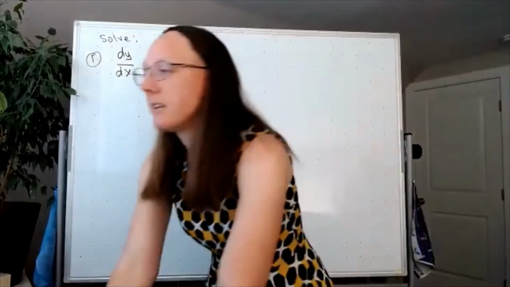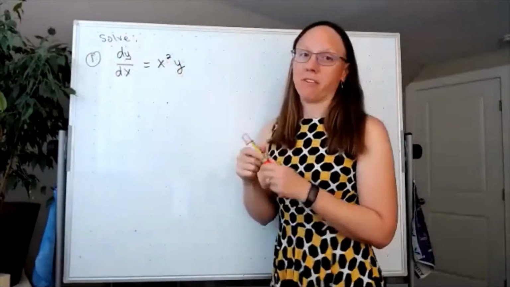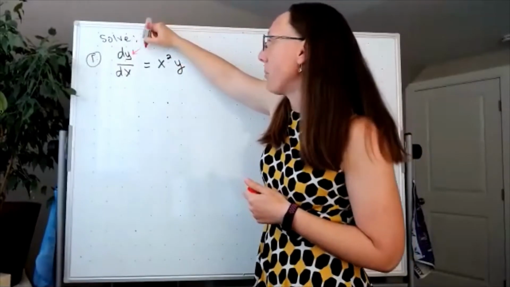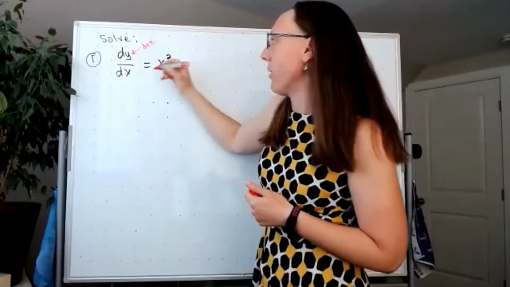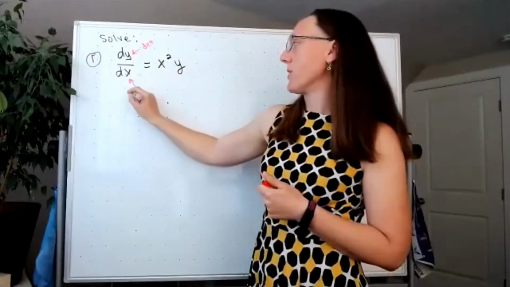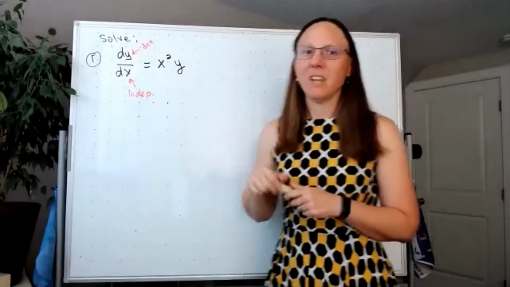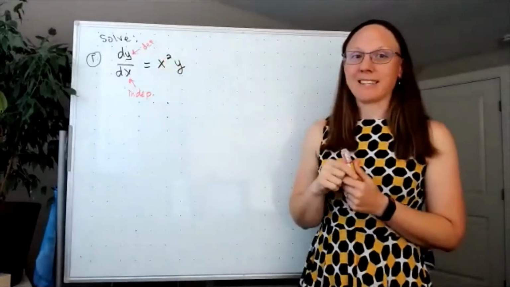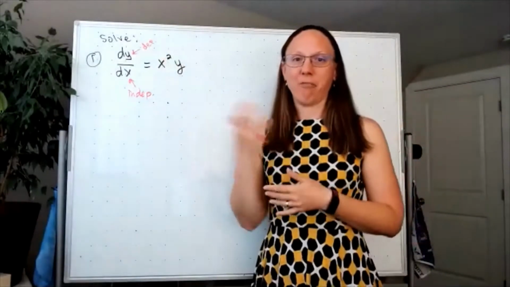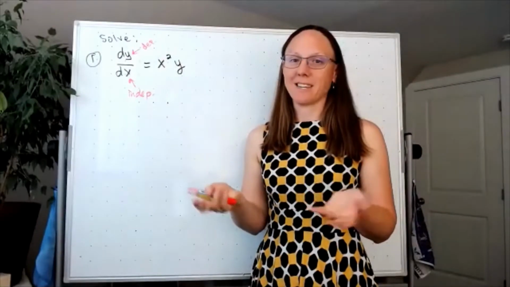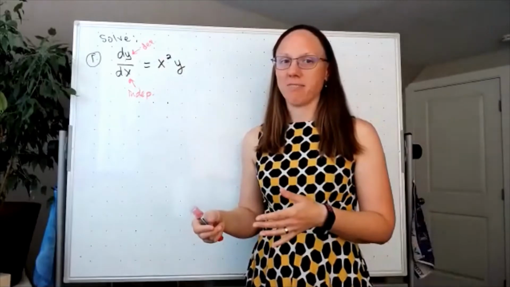Now, all that really means is that when I look at my derivative piece, whatever variable is on top, that's my dependent variable. And whatever variable is on the bottom, that's my independent variable. When I look over here on the right-hand side, I have both of them. I have both the independent variable and the dependent variable, which makes this non-autonomous.